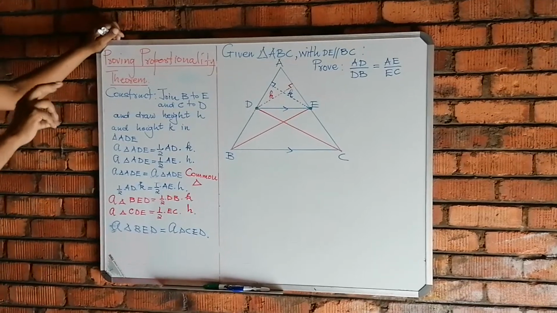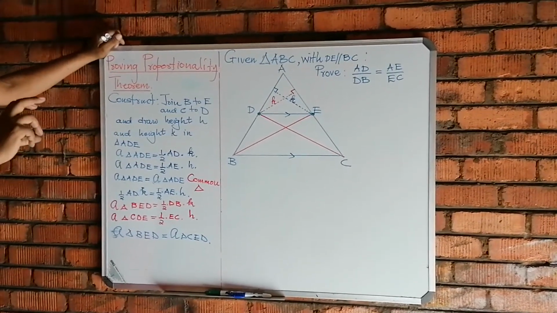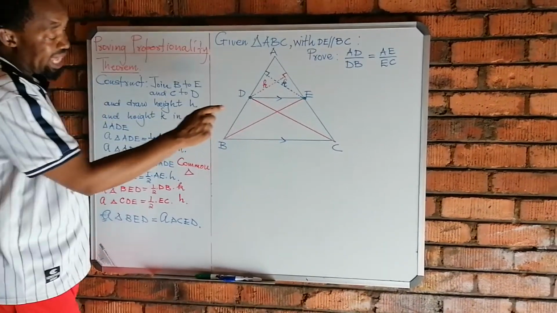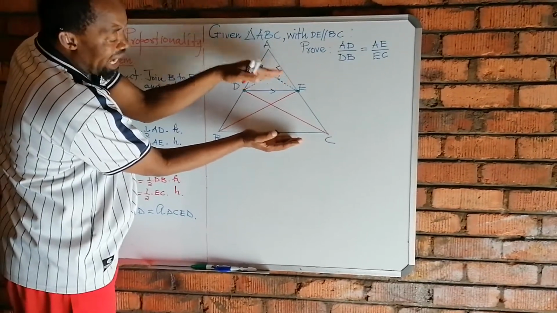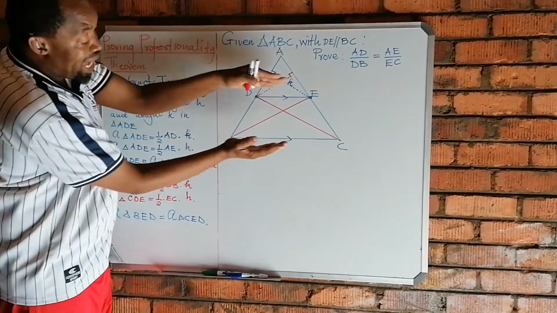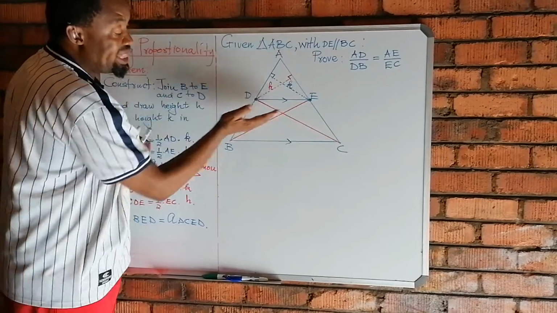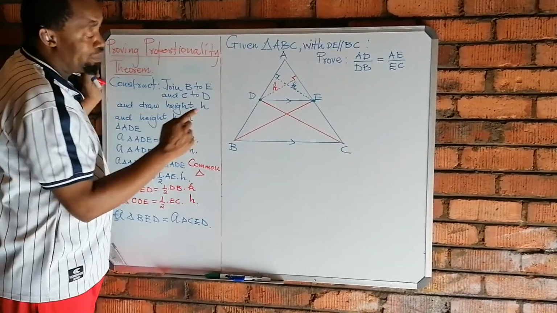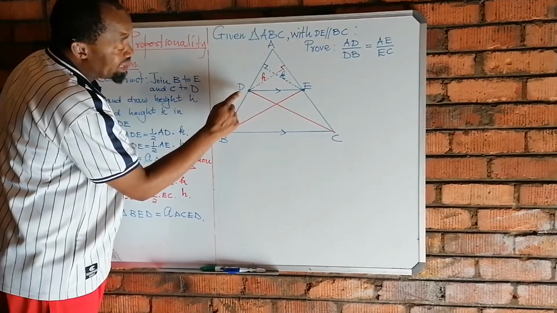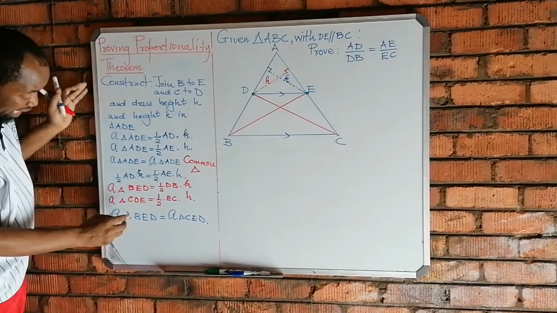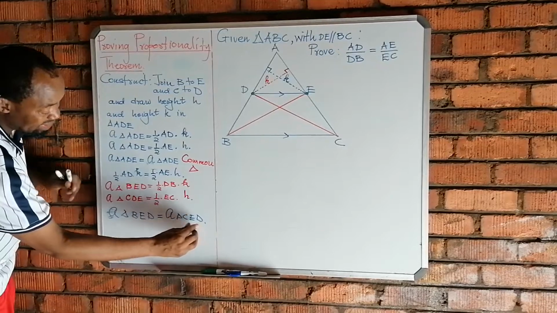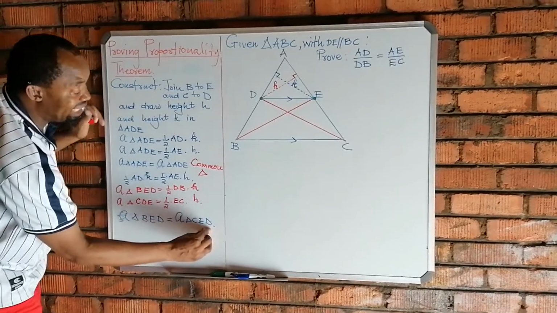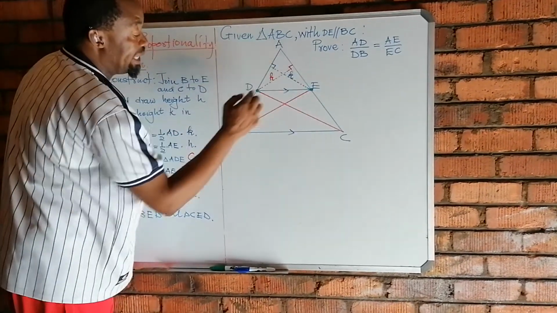Let's look at these two triangles. They are between parallel lines. Parallel lines maintain the same height. And they both share the common side ED.